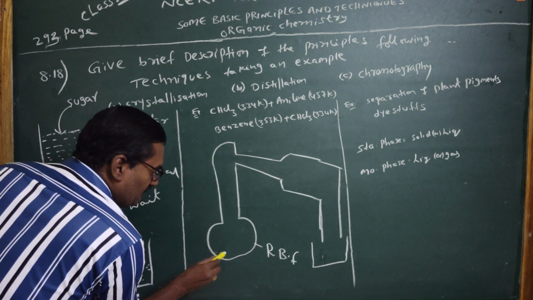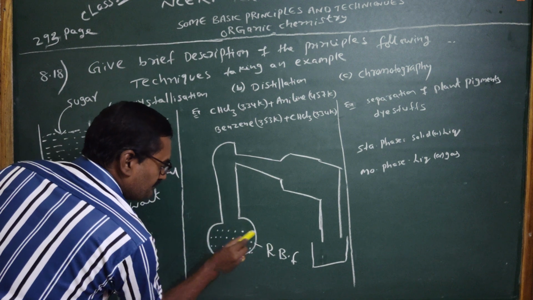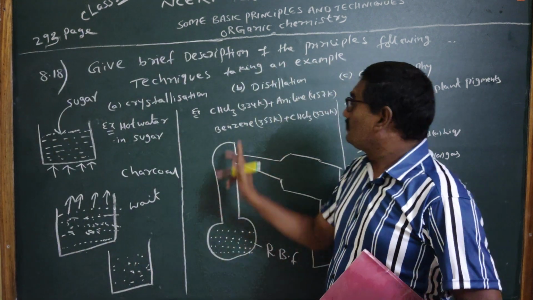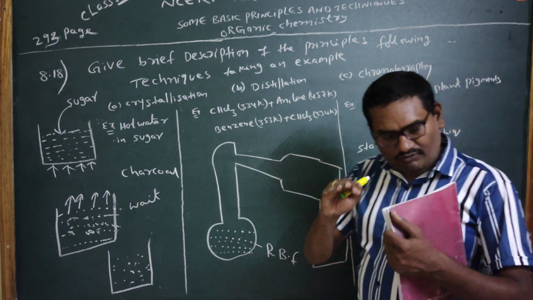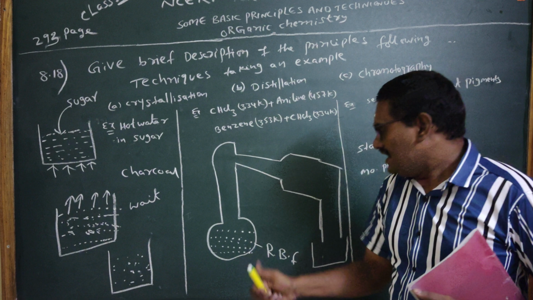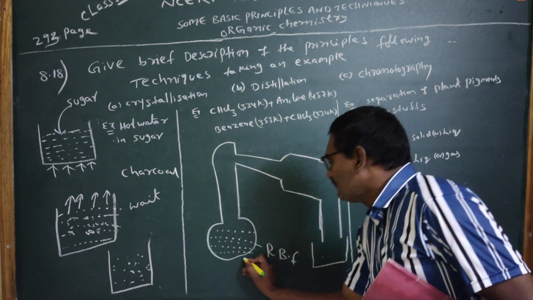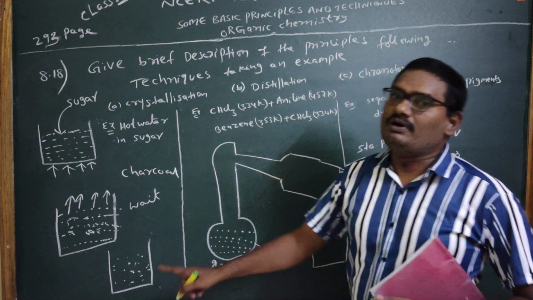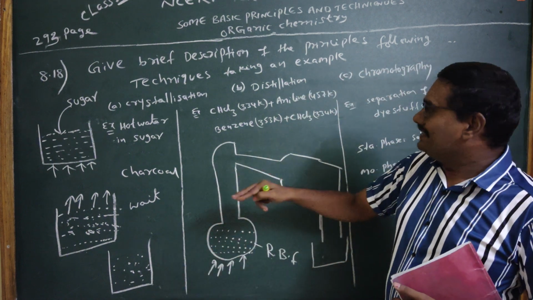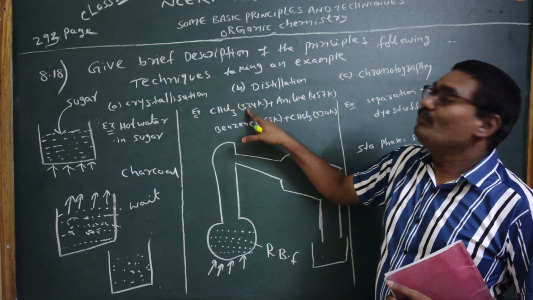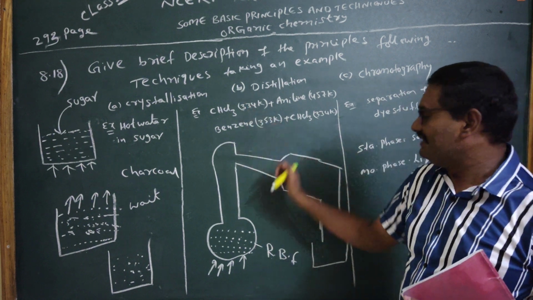It contains the mixture of chloroform and aniline. Now our target is to separate chloroform and aniline. The round bottom flask is heated. First to evaporate is chloroform because it has a low boiling point, 334 Kelvin.